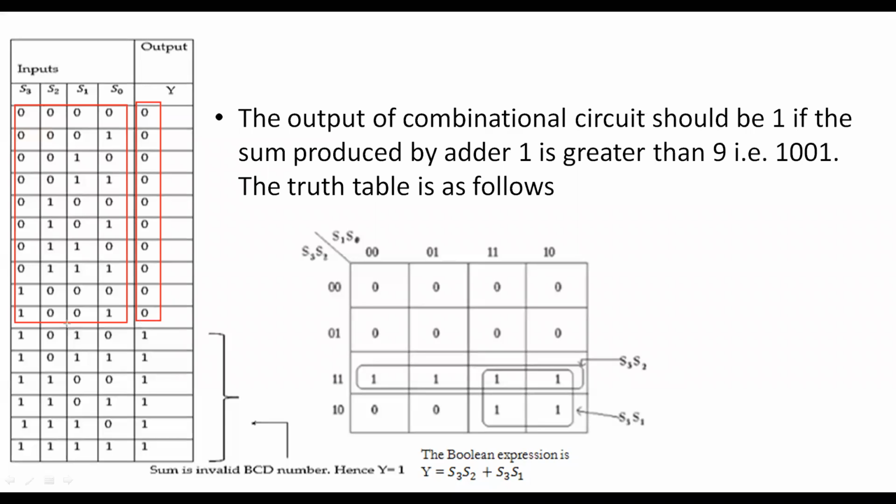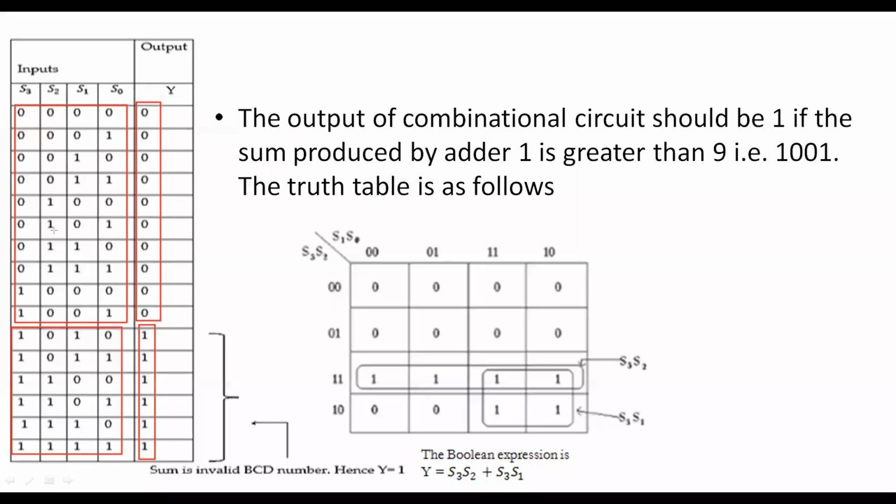Similarly, if the sum is greater than 9, అంటే 10, 11, 12, 13, 14, 15, ఈ కాంబినేషన్స్ ఏది వచ్చినా సరే I need a correction logic circuit, that is, the circuit must be activated. Therefore I am taking the output equal to 1. This output 1 is indicating the invalid output combinations in BCD.